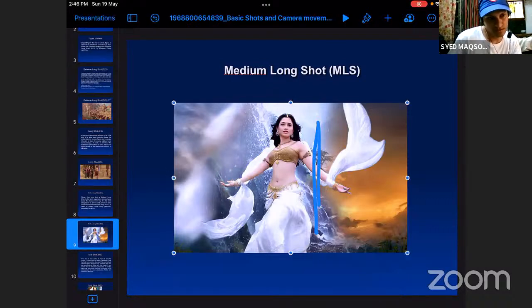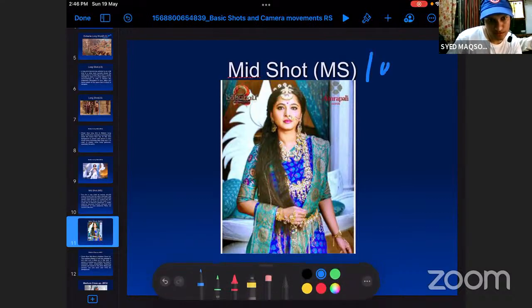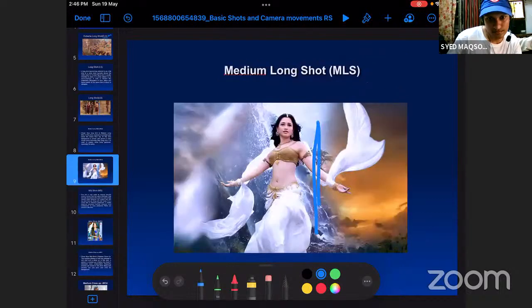Got it? Yes, sir. And this is a mid shot, medium shot. We call it a medium shot or mid shot. It is also called cowboy shot, because the focus is more on the waist. In the medium long shot also, the focus is on the hands.